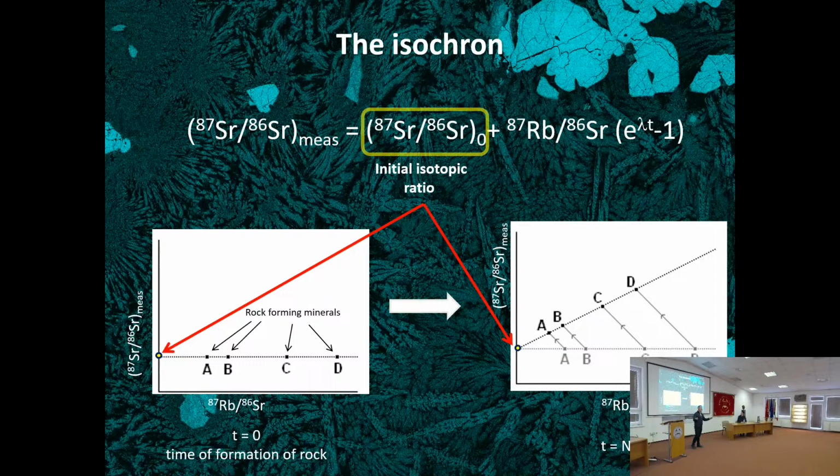And when we measure the isotopic composition today, the composition of these minerals form a line, which is the isochron. And at the intersect of the isochron with the y-axis, we have the initial isotopic composition.